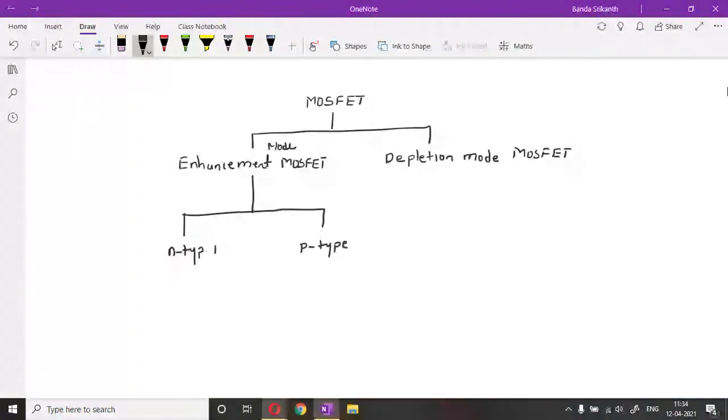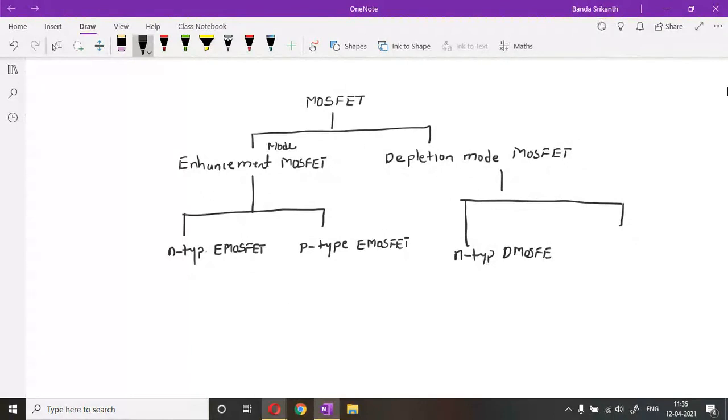Similarly, the depletion mode is also broadly classified into two categories: N type D MOSFET and P type D MOSFET.